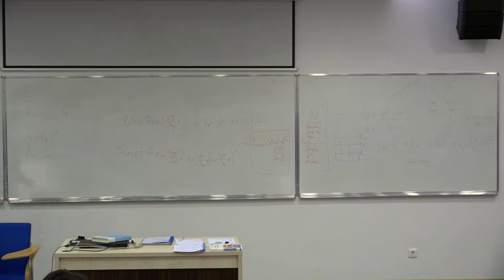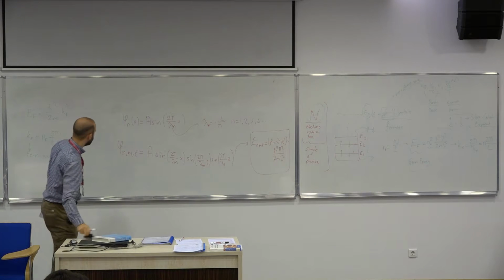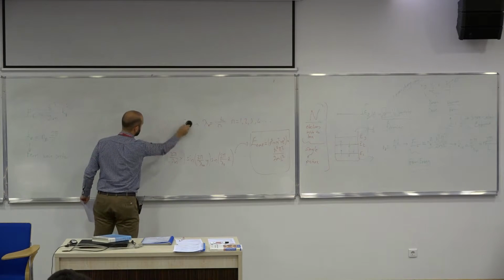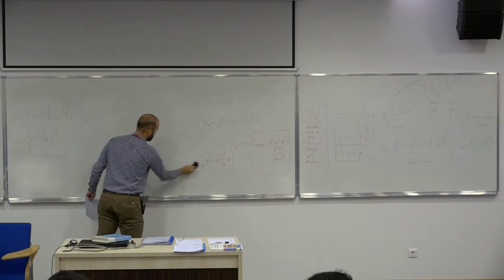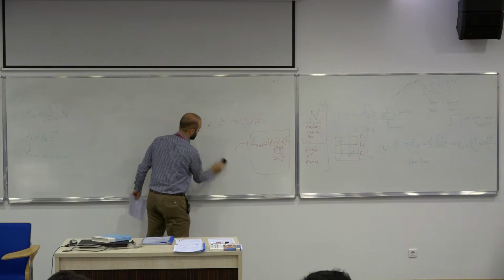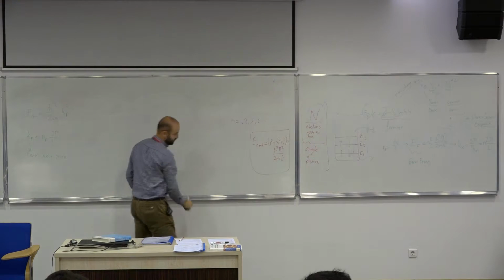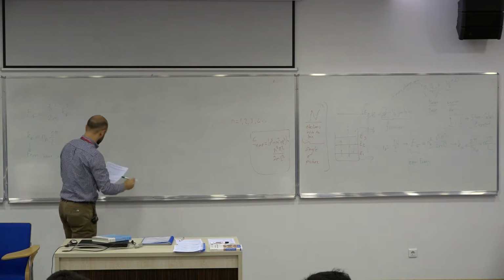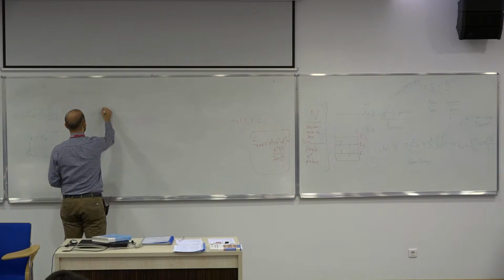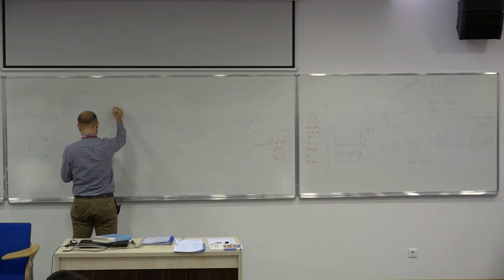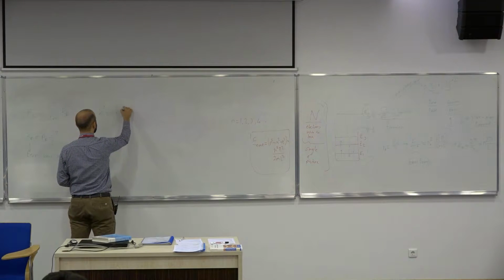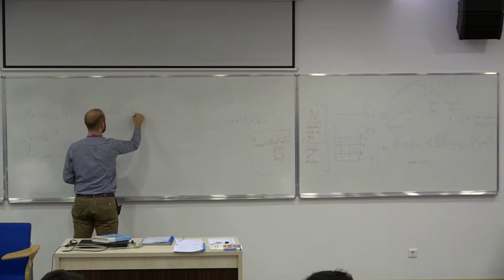Okay. Now we can switch back to 3D. Let's get rid of this stuff. So I can write down my k vectors as sum of these three.